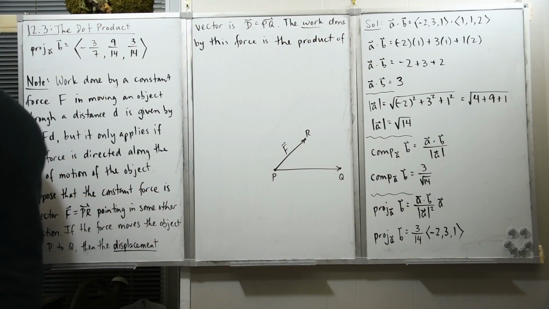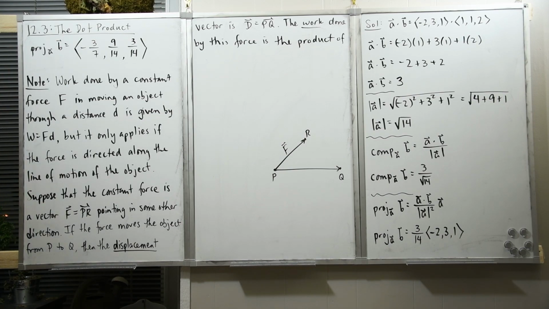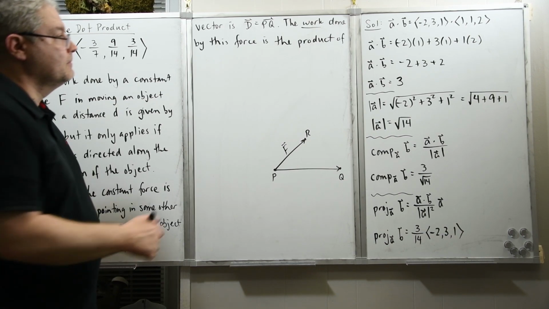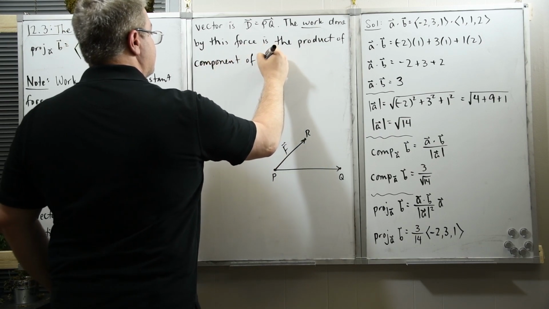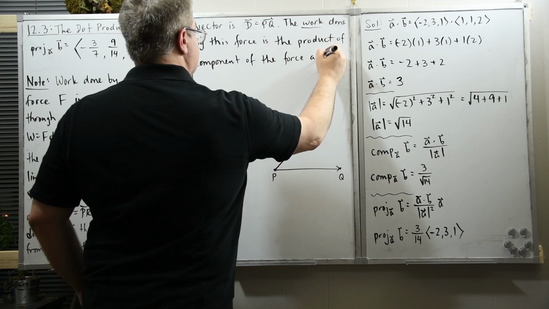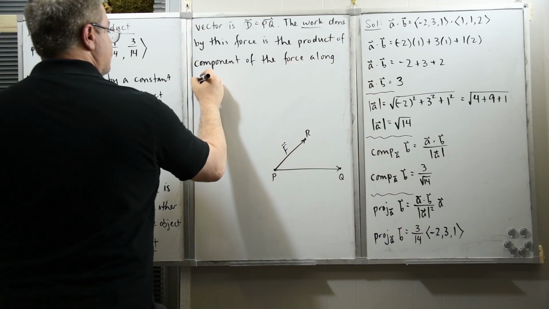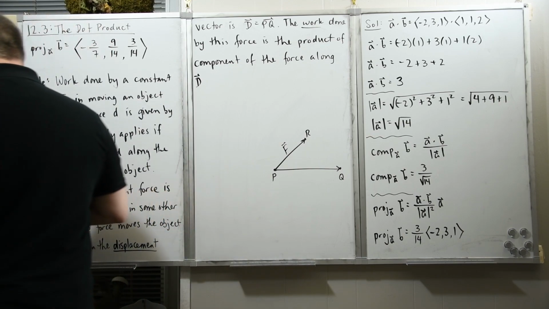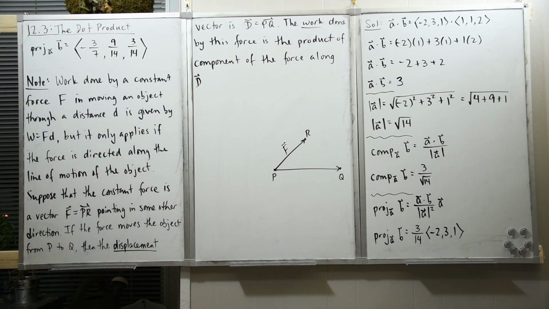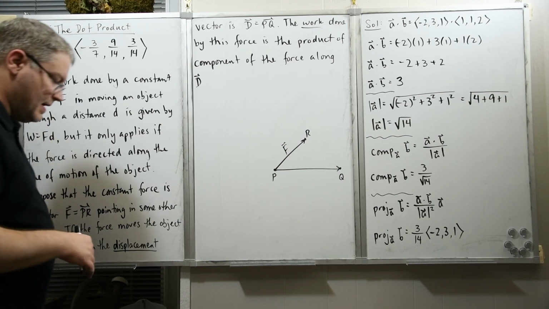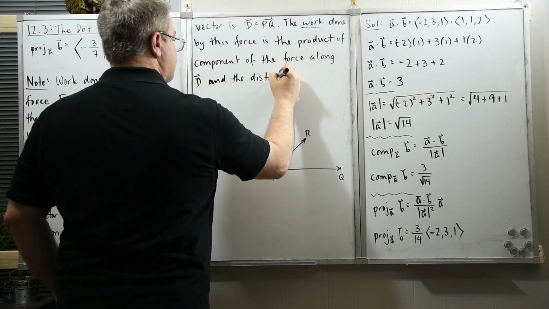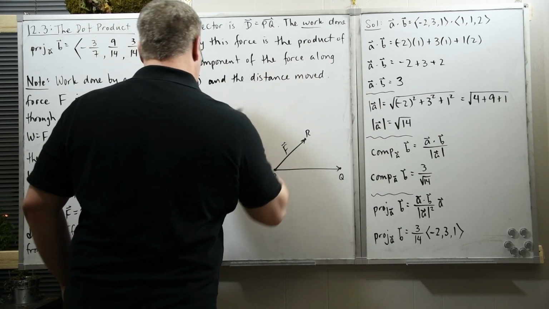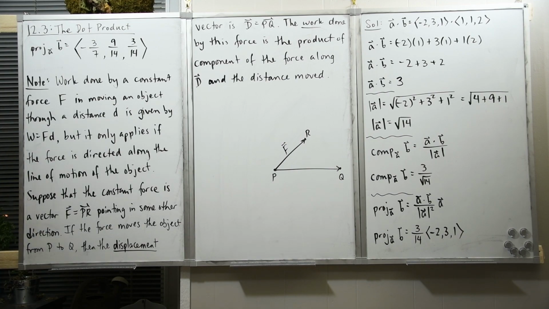So once again, the work done by the force is the product of the component of the force along D and the distance moved, which is going to be the magnitude of D. Now, what does that really mean?